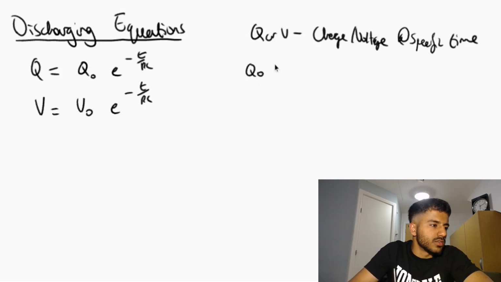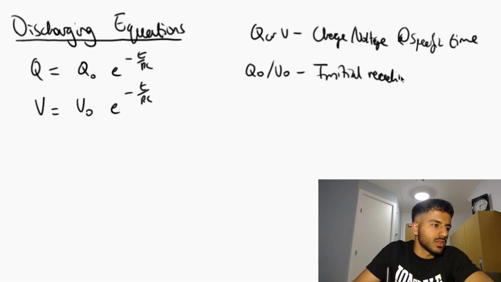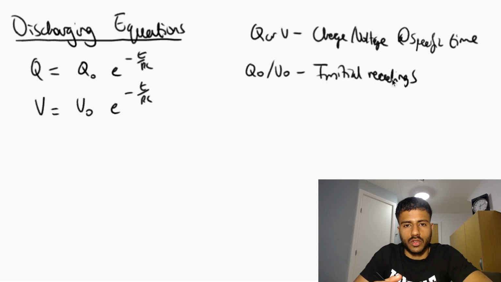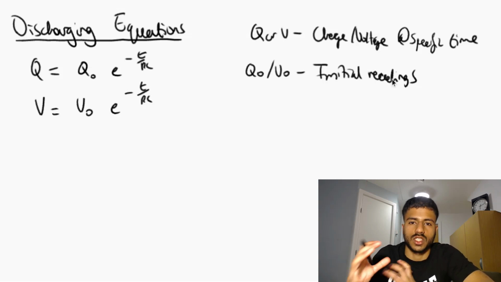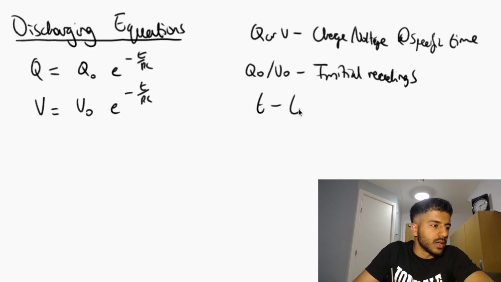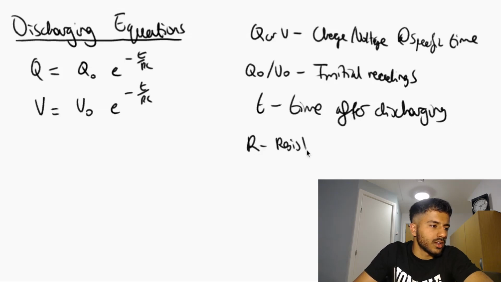Q naught and V naught are actually your initial readings or values, so your initial charge or voltage values before the discharging takes place. T is the time after discharging starts. R is your resistance of the circuit, and C is your capacitance of the capacitor.